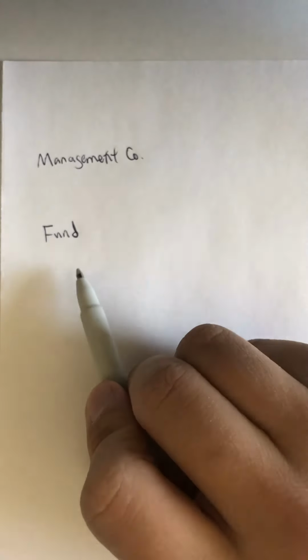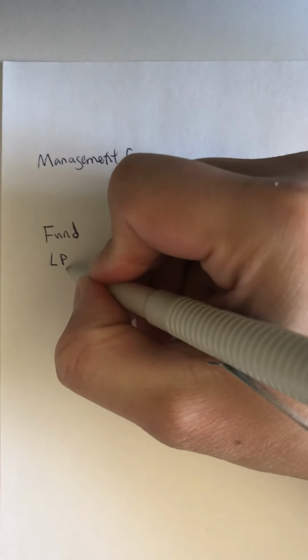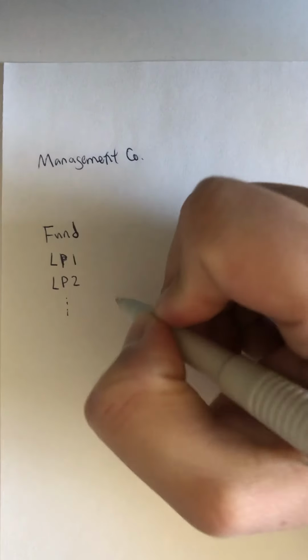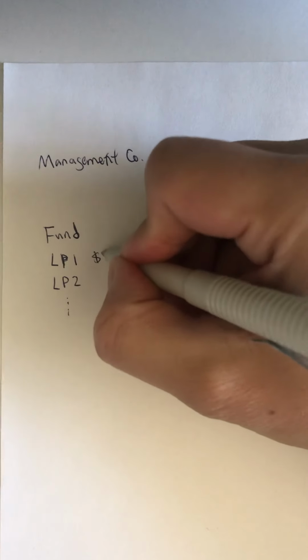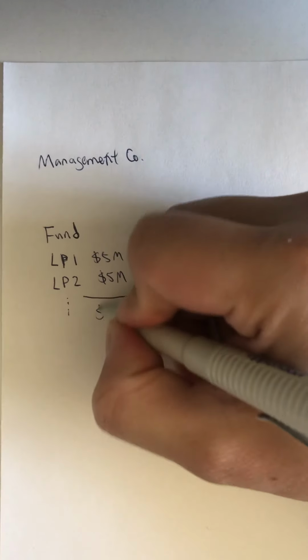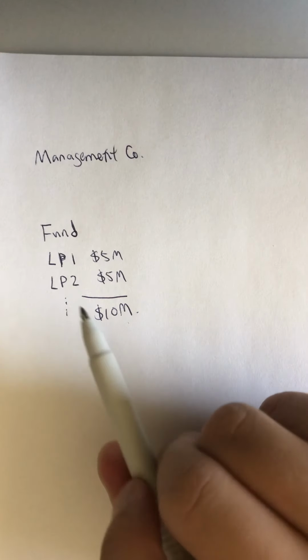And then under the fund, you have limited partner 1, limited partner 2, and so on and so forth. In our example, we have $5 million each, so that's a total of $10 million. So you have a fund, it has $10 million in it.